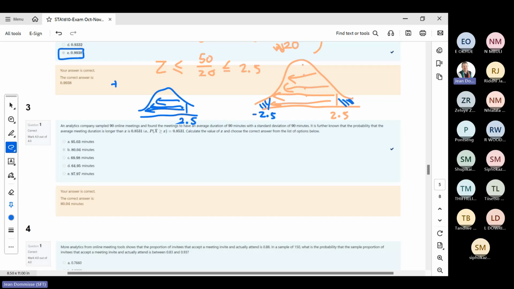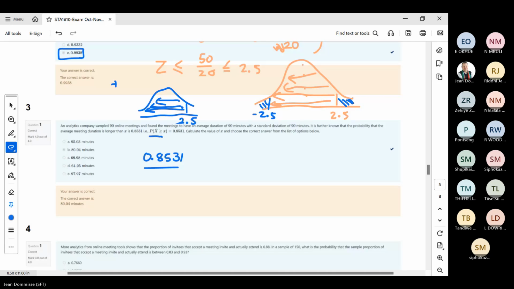It is further known that the probability that the average meeting duration is longer than X is 0.8531. Okay, so that they're giving to us.